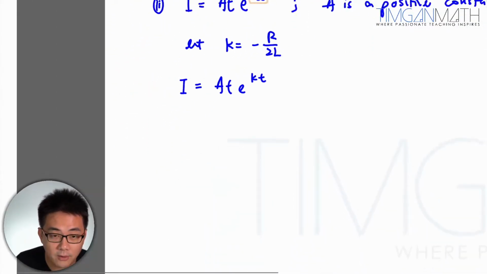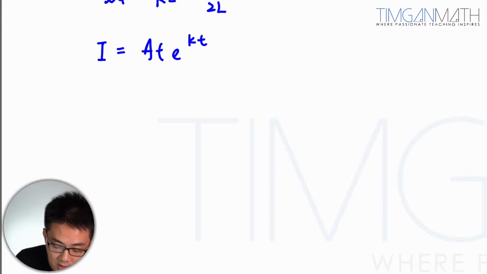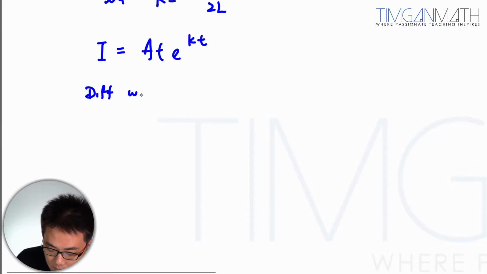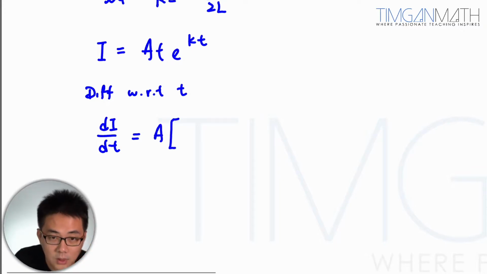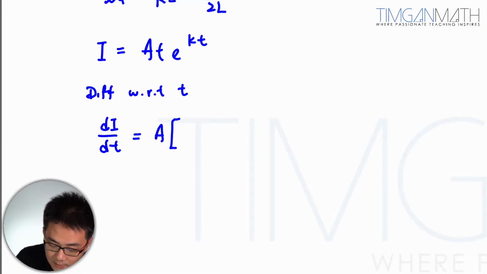Be very, very careful when you differentiate. We need a first derivative and second derivative. Differentiate with respect to t. dI/dt will just be a product rule. So just slowly do it. This part here is u and this is v.